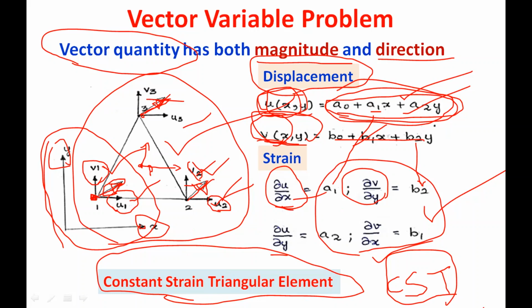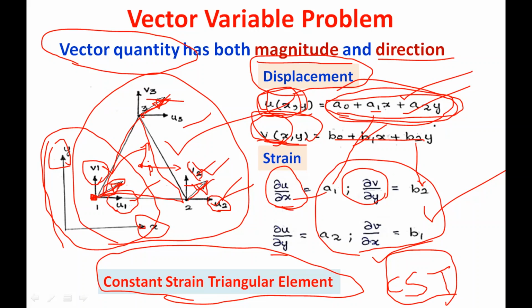So what is the drawback of this CST element? When we use this element in this triangular area, we don't get any variation in the strain or stress. That is the drawback. So if you want to increase the accuracy of the solution, we cannot solve the problem by using this CST element.